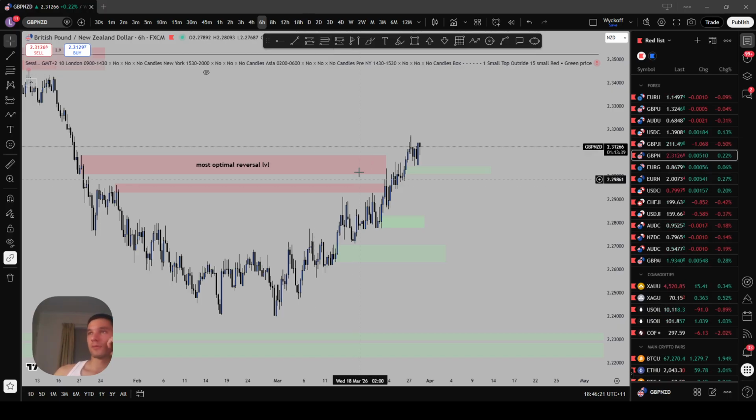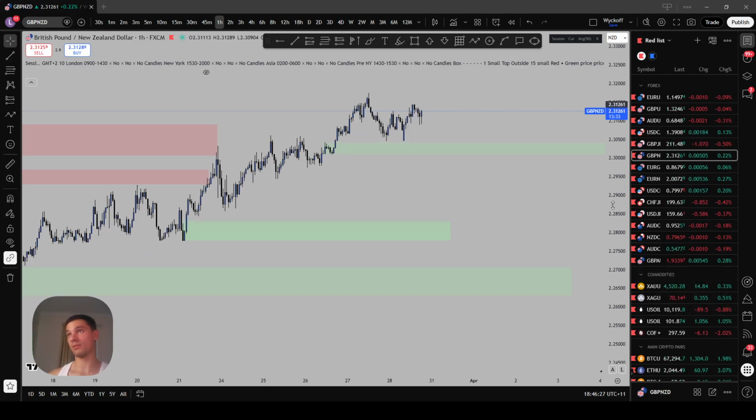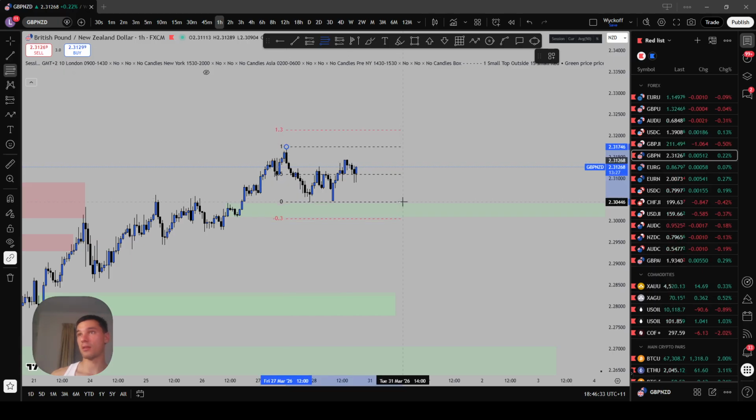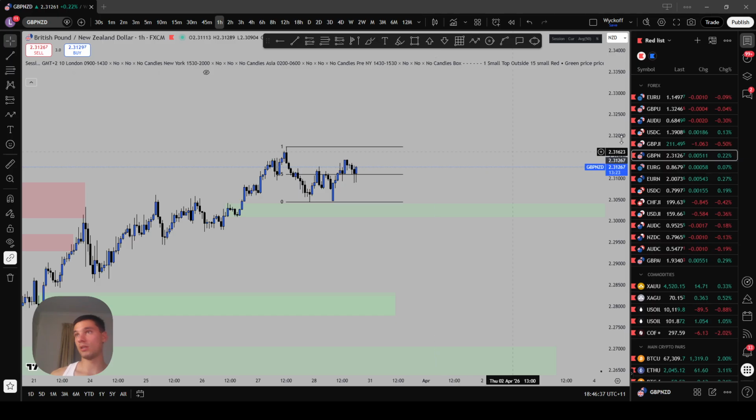GBP NZD, we have absolutely torn through this supply. What does that mean for the pair? This means that I now expect an accumulation. That is exactly what it means. So we will see what happens here.